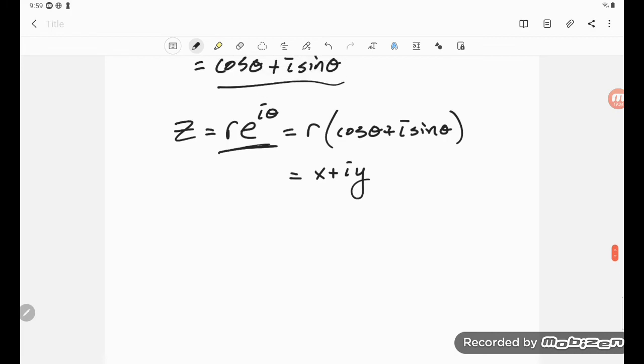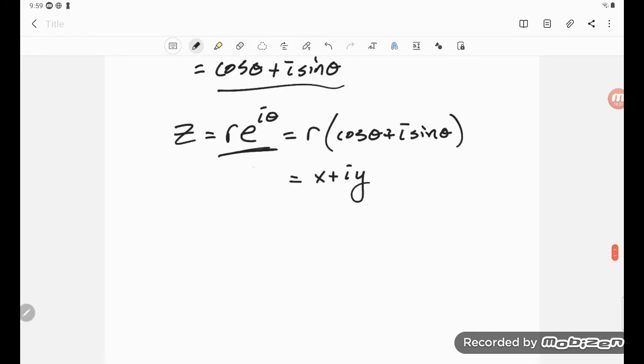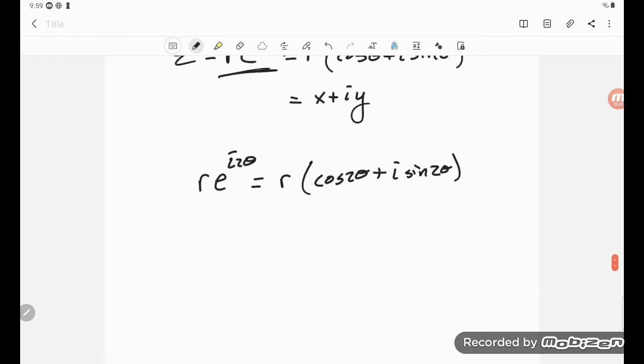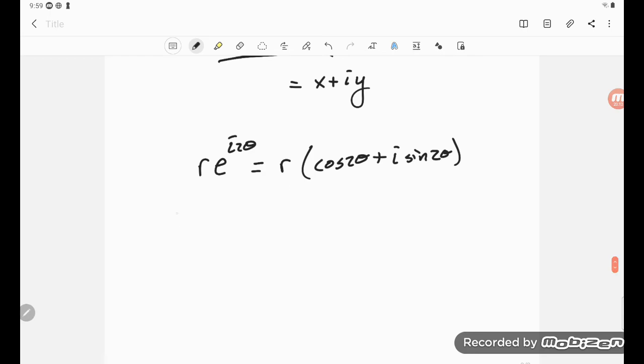So for instance, according to this, if I want r e to the i 2 theta, that's equal to r times, well, actually I don't really need the r, but cosine 2 theta plus i sine 2 theta. Okay, so we've got that, but it's also true that, let's get rid of the r's here.